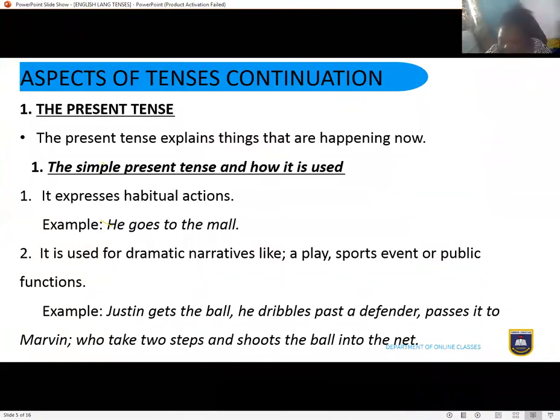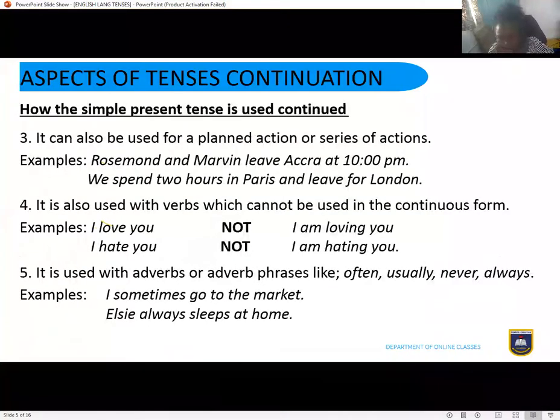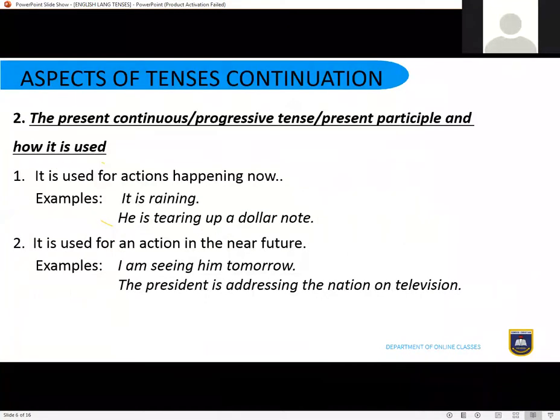And the last aspect is the present perfect continuous tense. In our previous class, we started the simple present tense and we concluded with that. So today we'll continue with the present progressive tense.